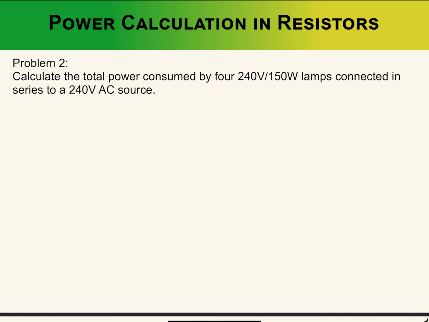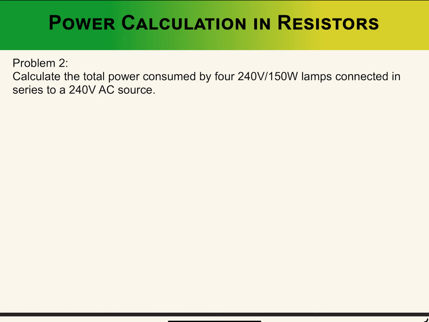Now that we have the total resistance, we can find the total current passing through the whole system. And when the total current is calculated, and the voltage is given as the AC source voltage, we can then multiply them to get the power. So let's do that step by step.